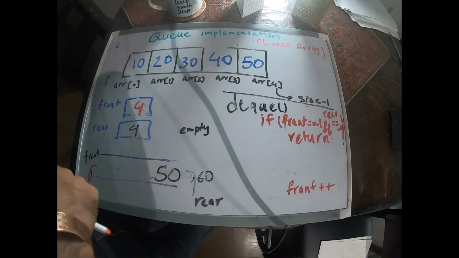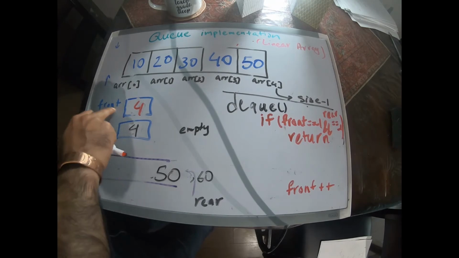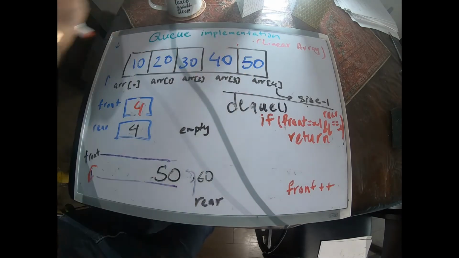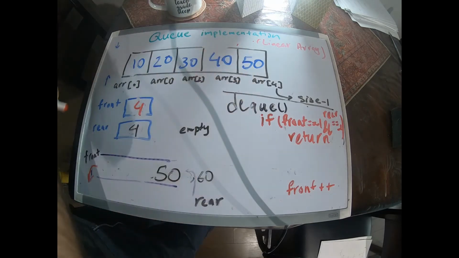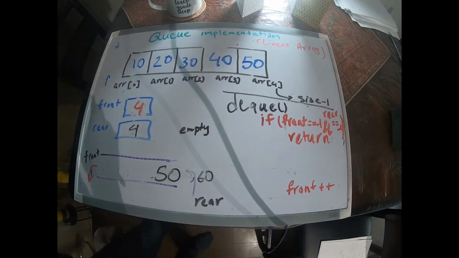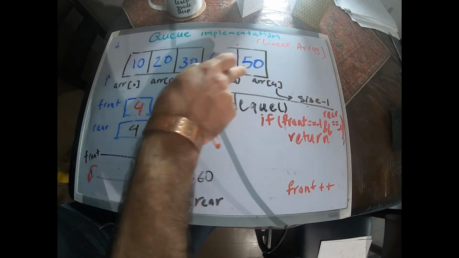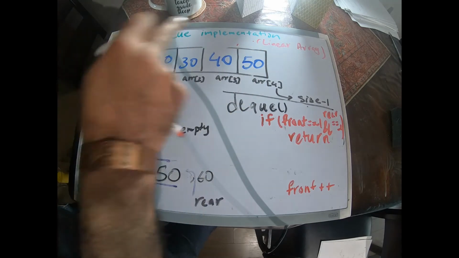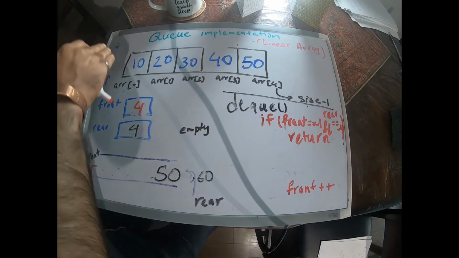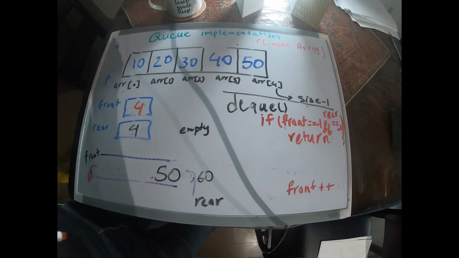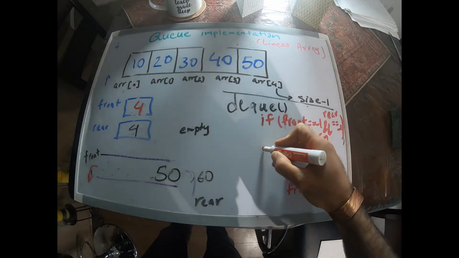At this point, when front and rear are equal and you want to remove the last number from your Q, after this DQing operation, both front and rear should become -1 so that we know that our Q is empty. So we have to check this.